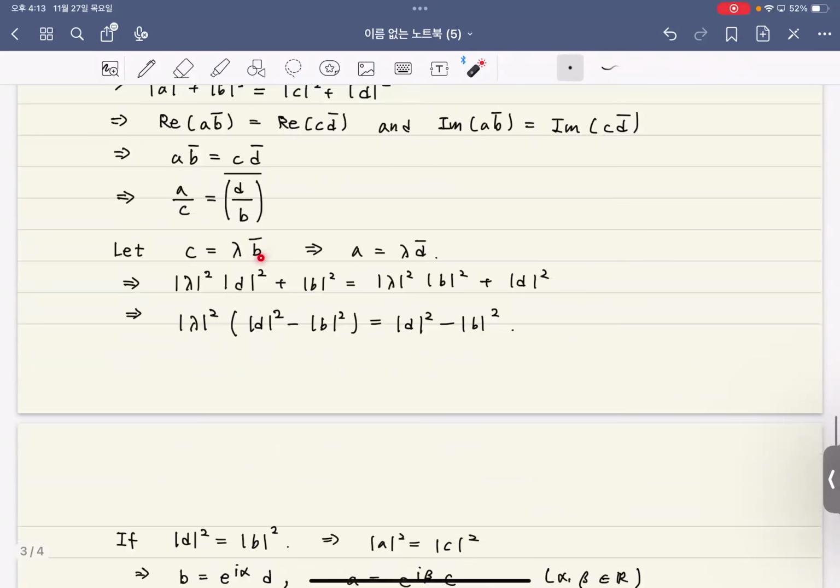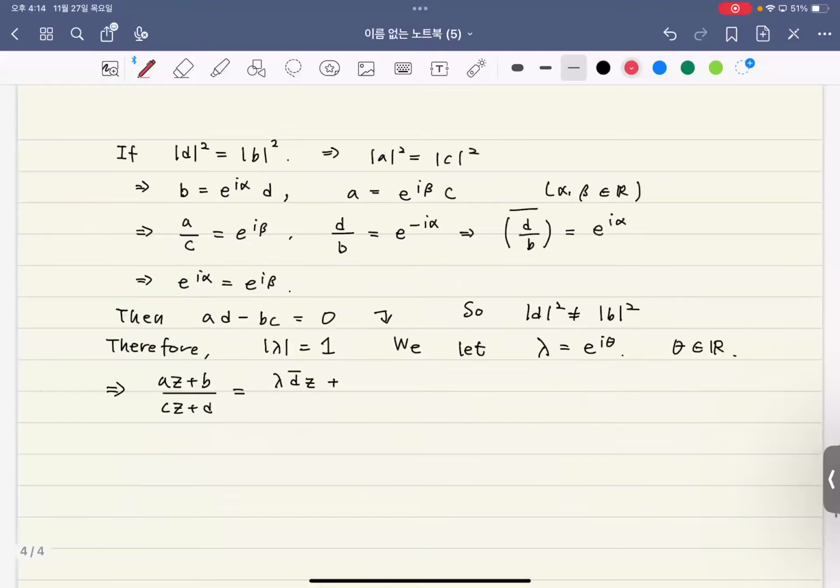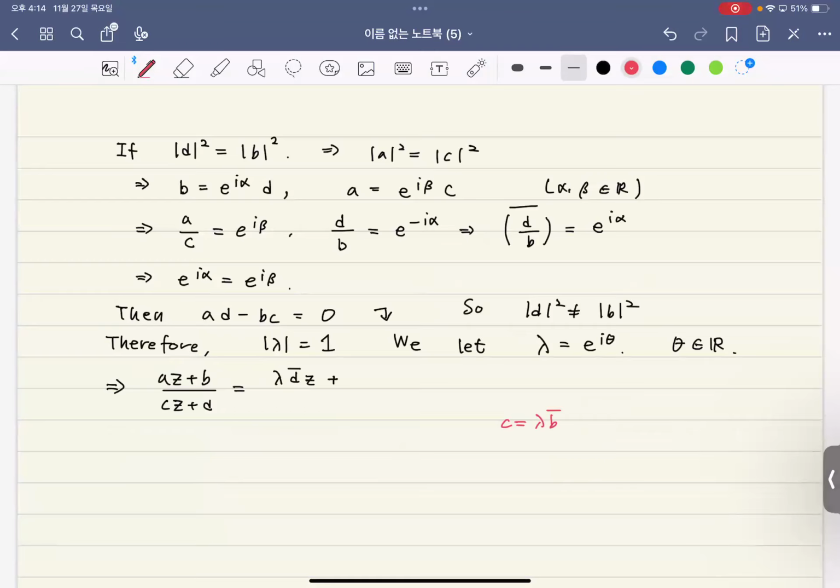Sorry, C was lambda times B bar. So this means B is lambda inverse times C, taking the conjugate. So this is the complex conjugate of lambda inverse times C bar, over CZ plus D.